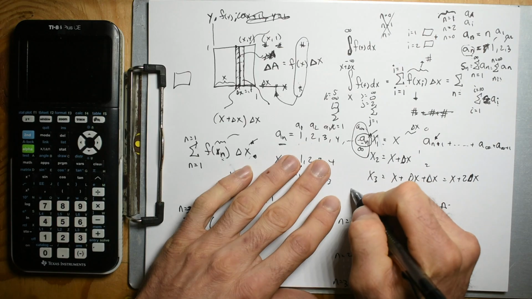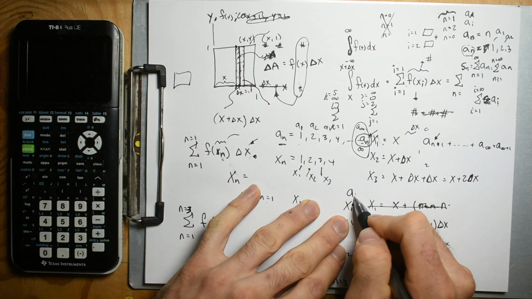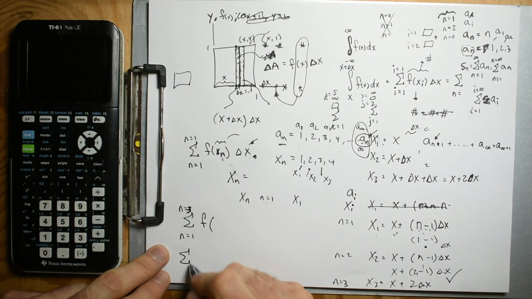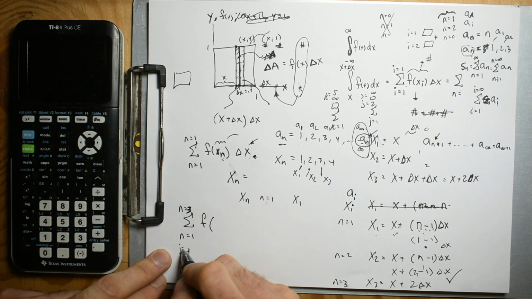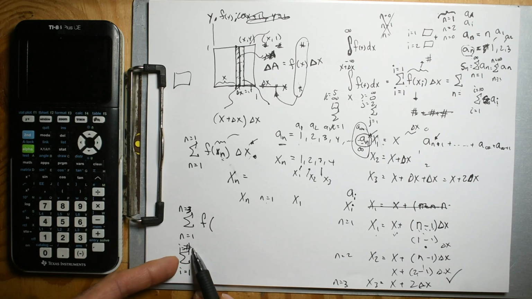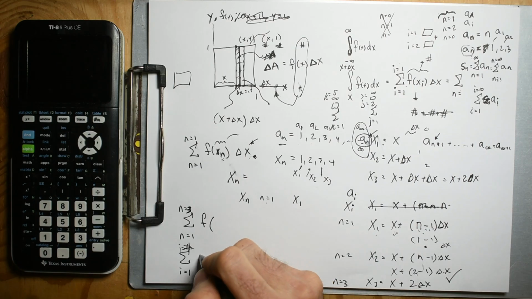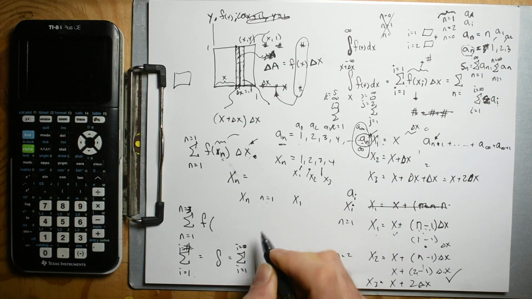Because if you have, like, hey, this ai term, or xi, which is just one of them, and it could be any of them. That's why we're summing from i is equal to 1 to i is equal to some sort of number. It could be infinity. And that's kind of fascinating. That's where the integration sign is the summation of i is equal to 1 to i is equal to infinity.